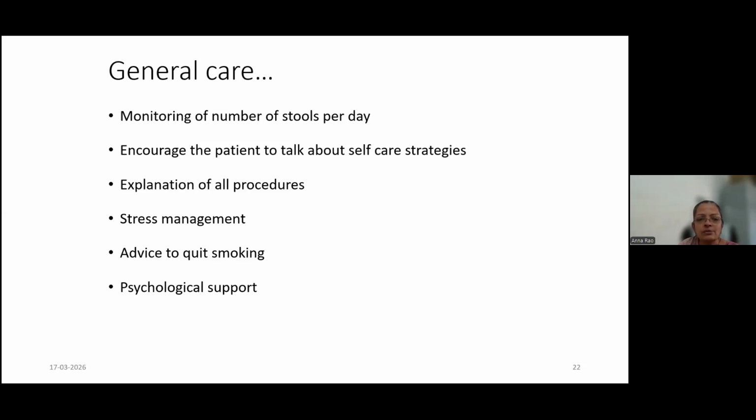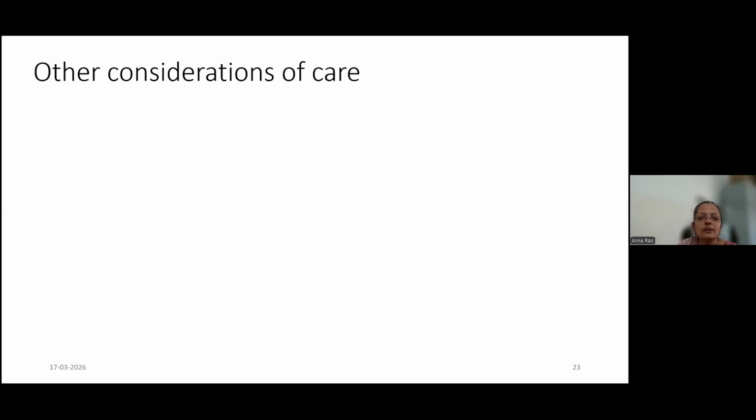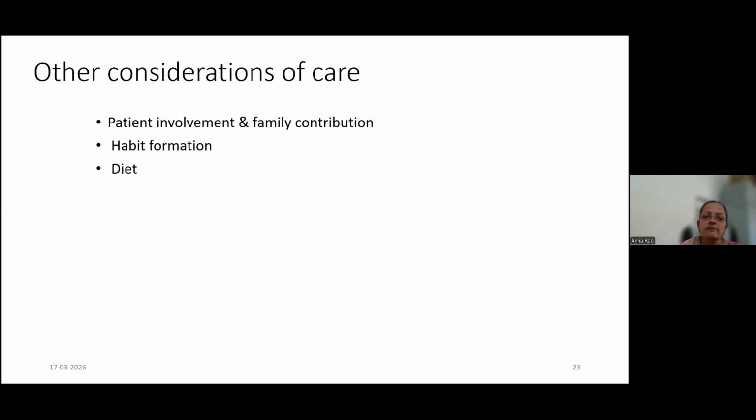Of course, the psychological support will be there. Adequate rest is also very important for the patient's general well-being. Right? Other considerations will be like involvement of the family members. Right? Habit formation is very important. How to go about all this, we will see in subsequent slides.